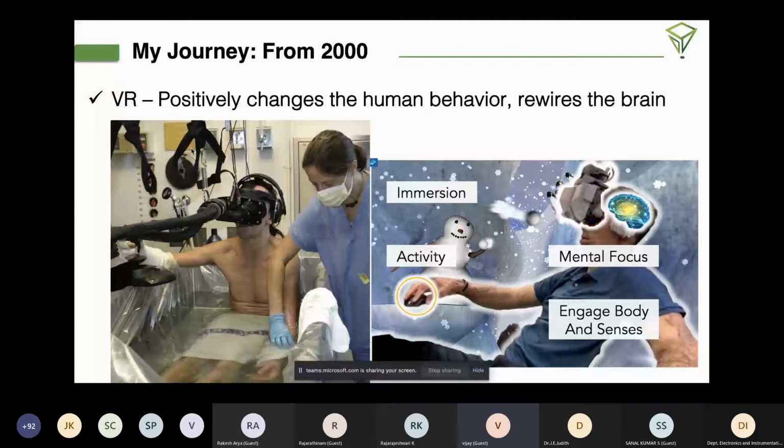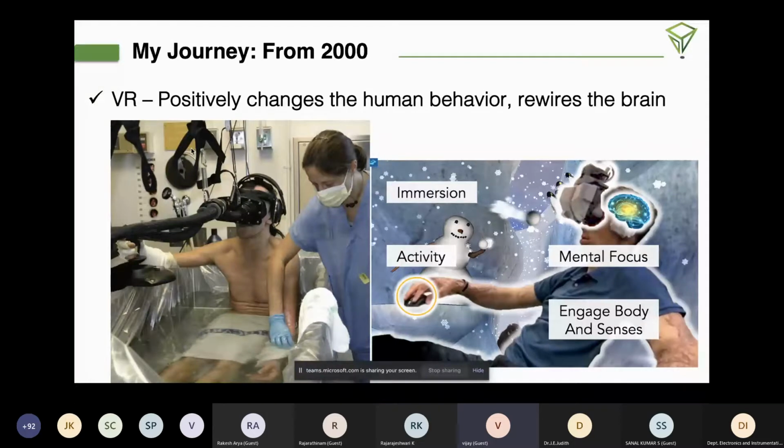So typically what they do is they give steroids, a lot of steroids, opiates to numb them, and they do the dressing, and they put them in ice water and stuff like this. And those steroids have a lot of side effects. What this company did at that time is they built a VR game, and in that game the person was sliding down an icy slope, playing with dolphins and things like that.